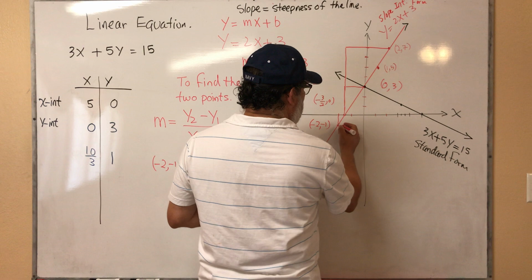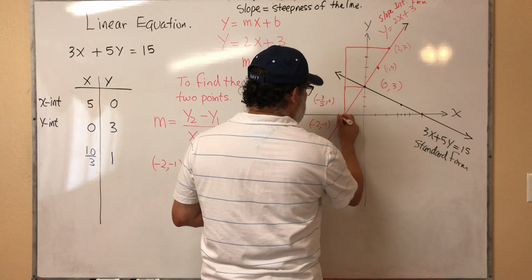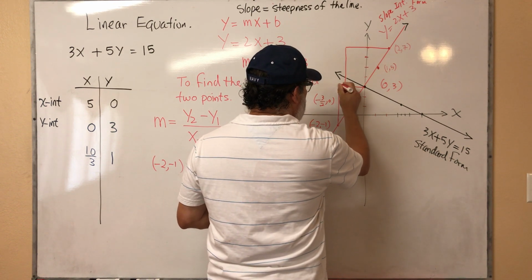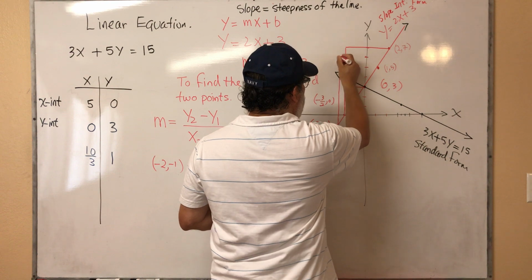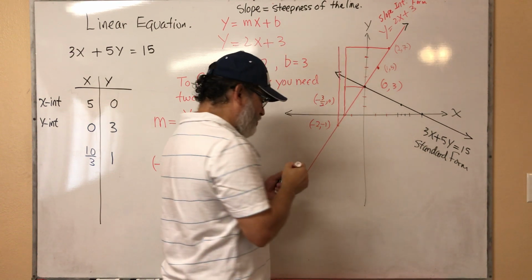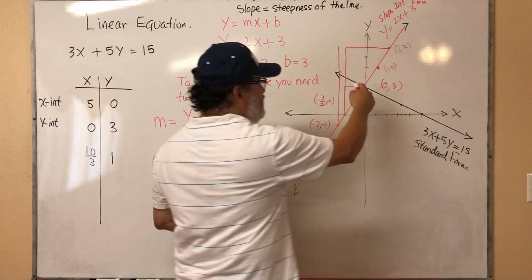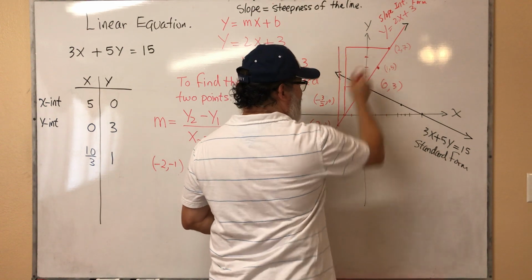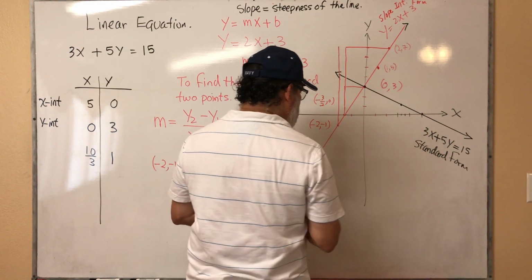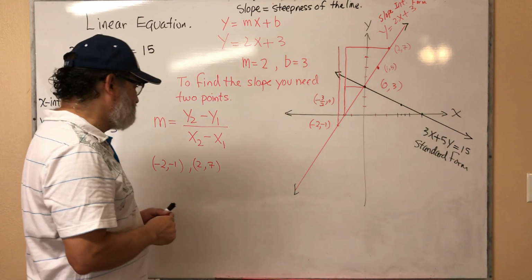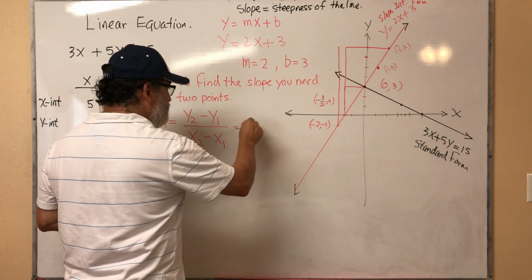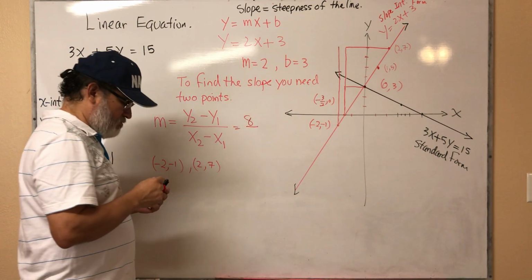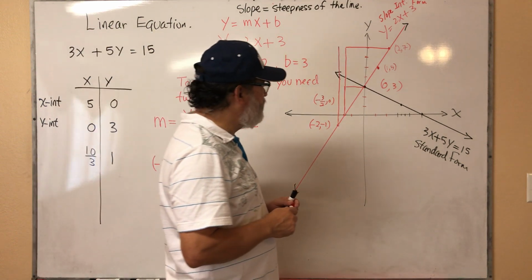Rise. How many are you going to rise? I see from here to there is 7. And that's 1 more, so the rise is 8. The rise is 8. And what's the run?